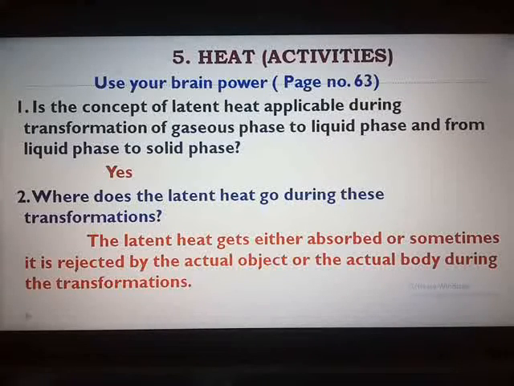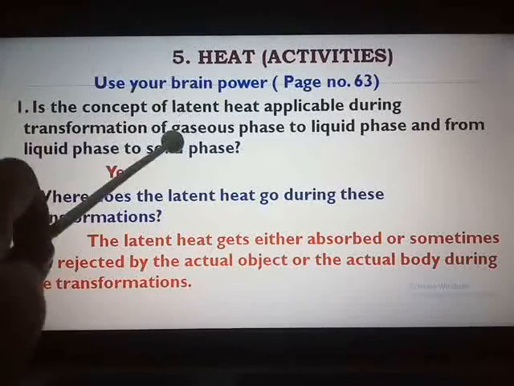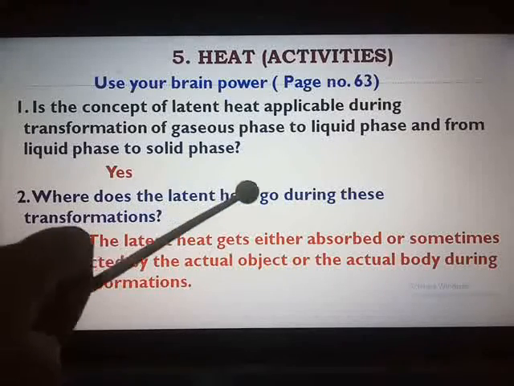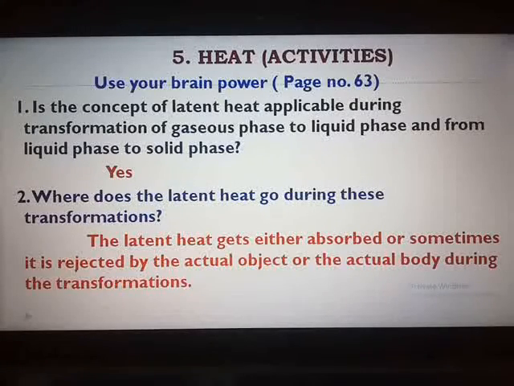Now you know what is latent heat. It is nothing but the heat energy which is absorbed at a constant temperature during the transformation of any phase to the other phase. So your answer is yes. The concept of latent heat is applicable when it is the transformation from gaseous to liquid and from liquid to solid. Where does the latent heat go during these transformations?